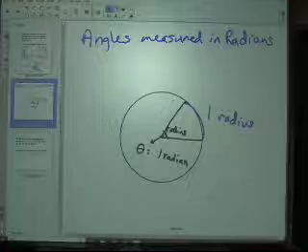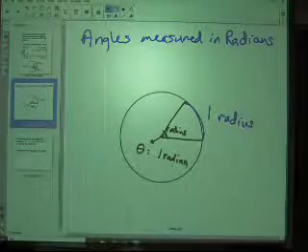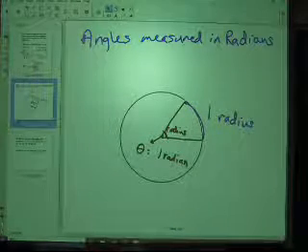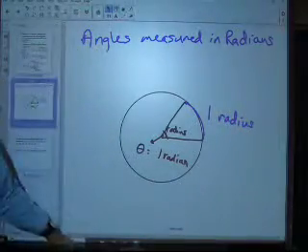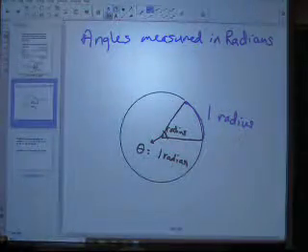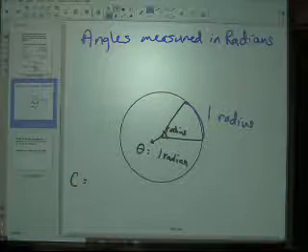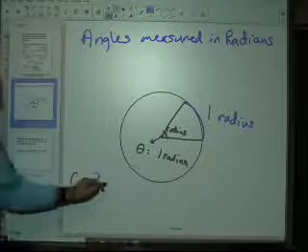Is there a way we could be a little more accurate with how many radii are on the circle? It's a part of pi, isn't it? It is part of pi. Let's go back to our memory for just a minute. If I want to find the circumference of my circle, what was that formula? Pi d. 2 pi r.